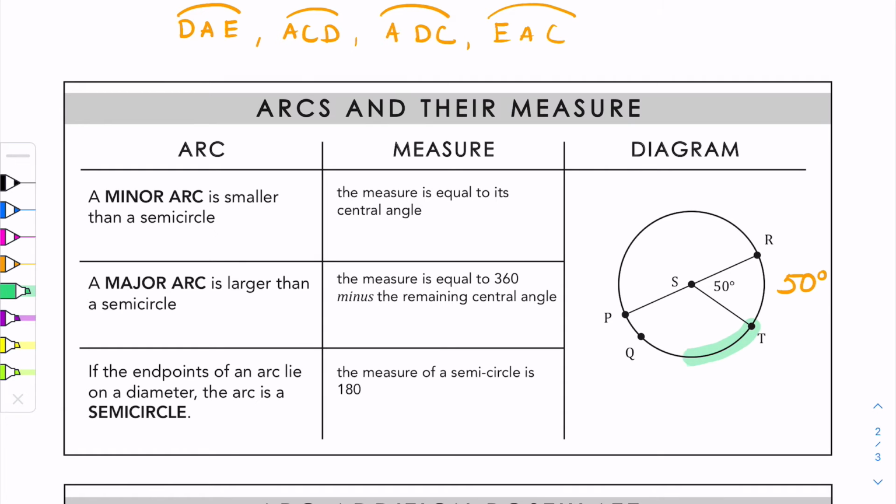So here's our major arc. We would do 360 minus 50, which leaves us 310 for the measure of that major arc. All right, I subtracted 50 because it's the remaining central angle that is not included in the green highlighted section. And a semicircle, you probably all know, a semicircle measures exactly 180 degrees.